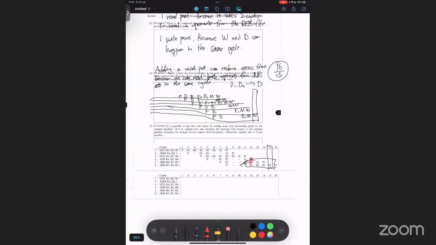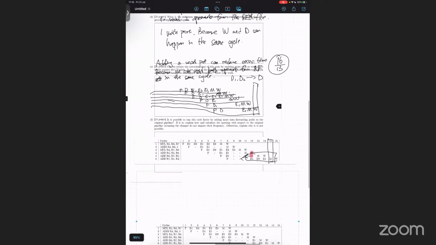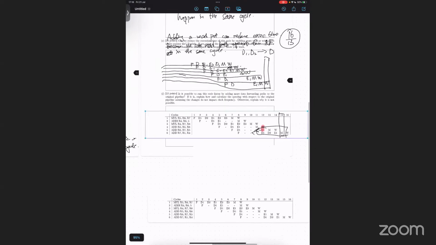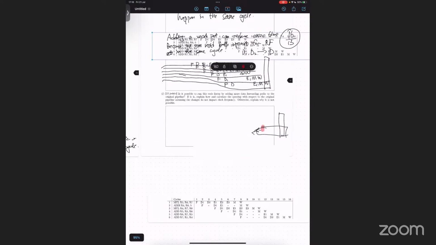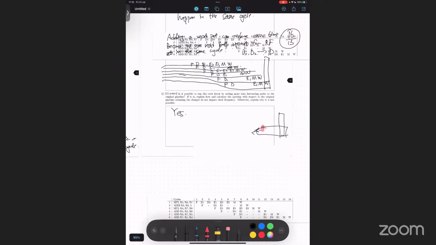So the answer would be, yes, it's possible by forwarding from the memory stage to the execution stage, and the speed up is 16 over 15.